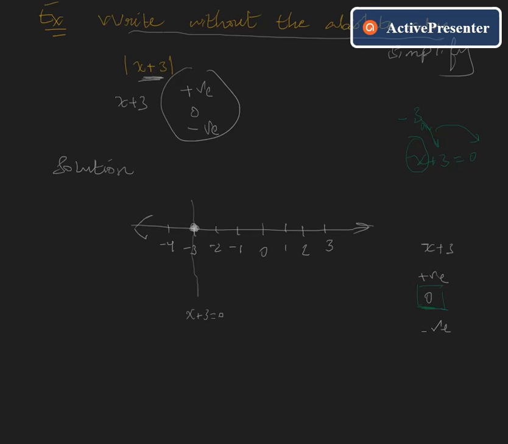We take values of x and we have the expression x plus 3, right? We know that at x equals minus 3, the expression x plus 3 equals 0.